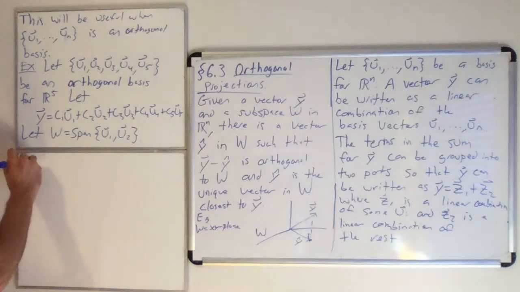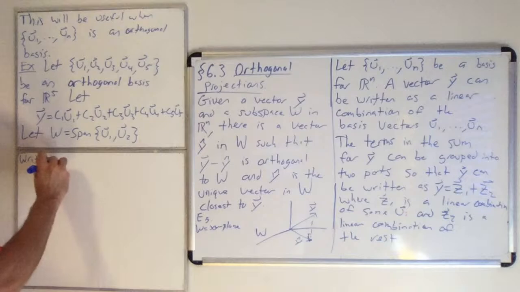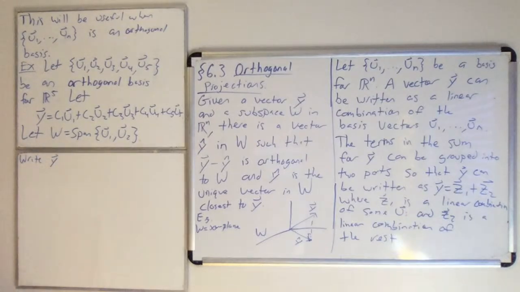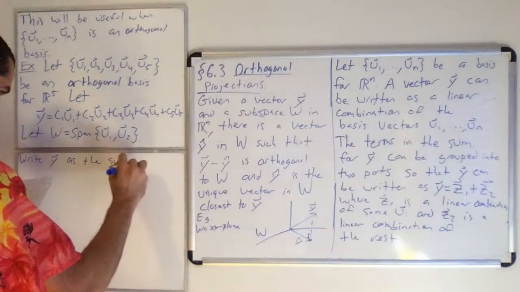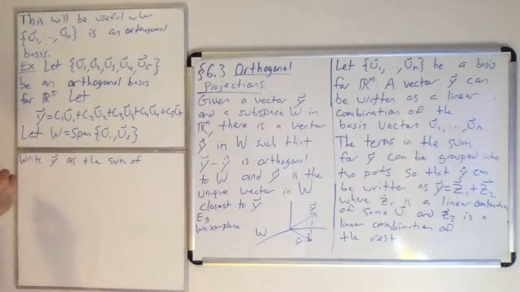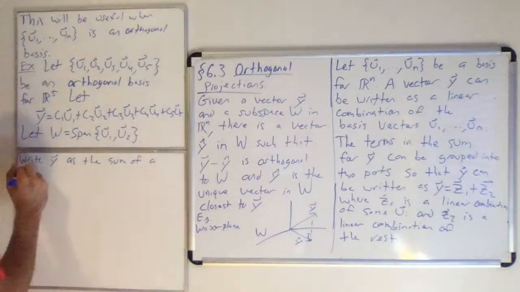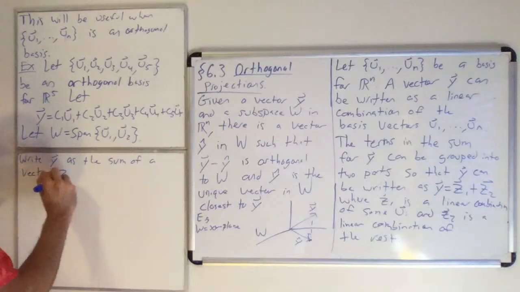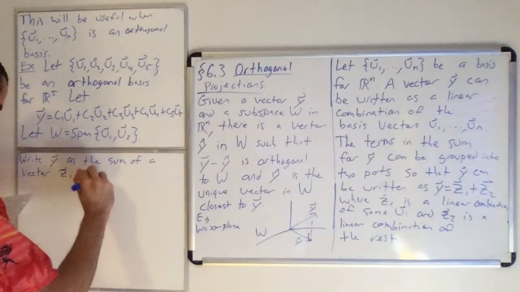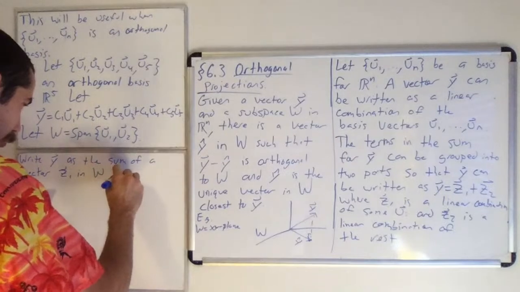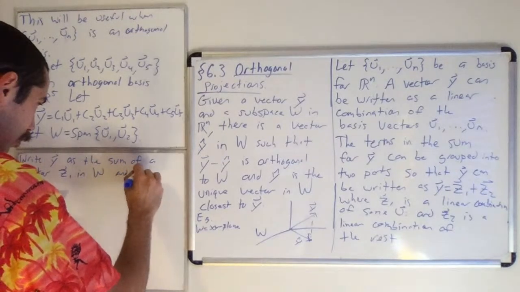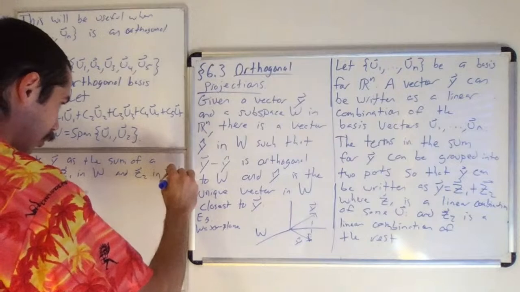So the question is, write y as the sum of a vector z1 in W and z2 in W perpendicular.